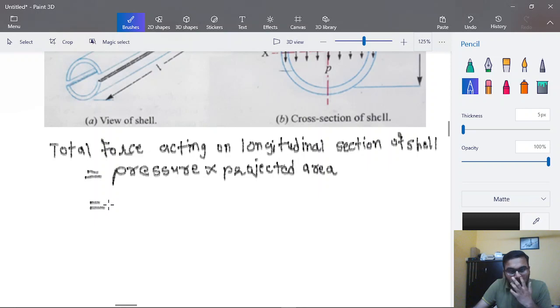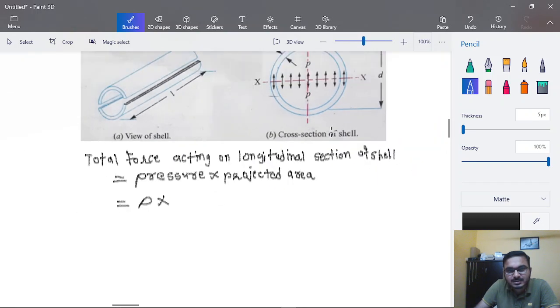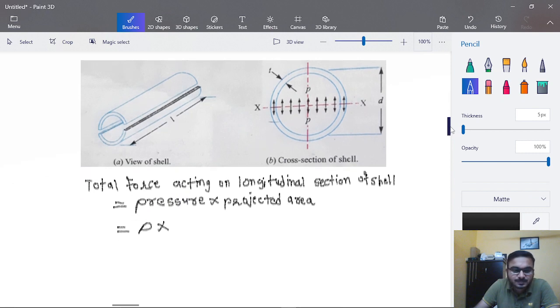So this is equal to pressure into, if we see the projected area in this case, so this is the length L and the diameter D. As it is happening, this pressure is on the circumferential direction, so here it will be D into L.